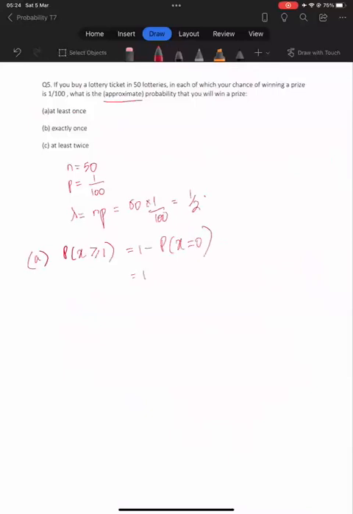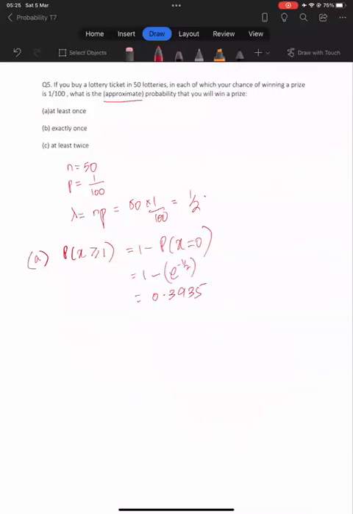So this becomes 1 minus e to the power minus half, times half raised to the power 0, which is 1. So this should come out to be 0.3935. It will differ a little if we use binomial, which would give us the exact answer.